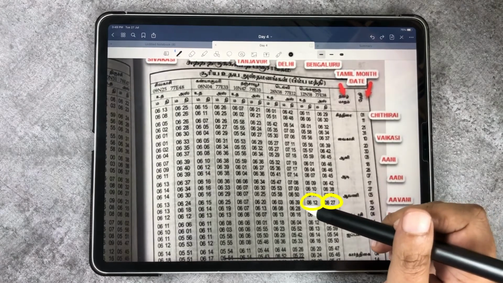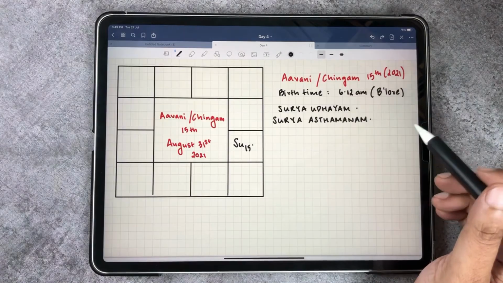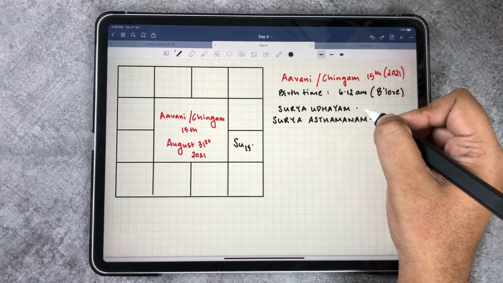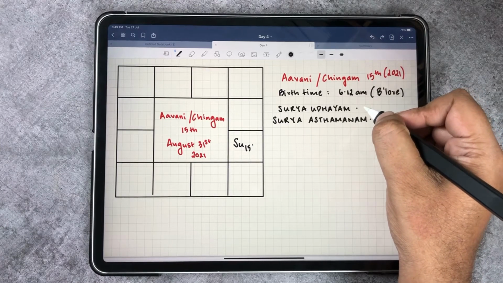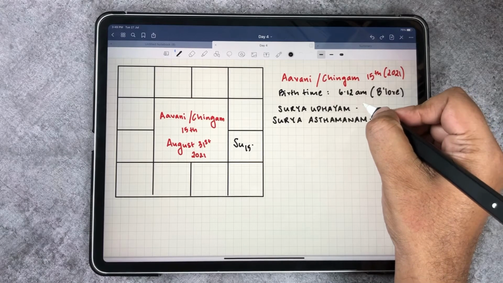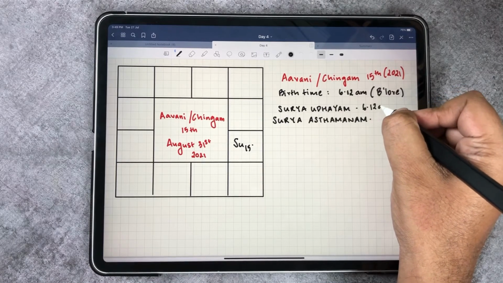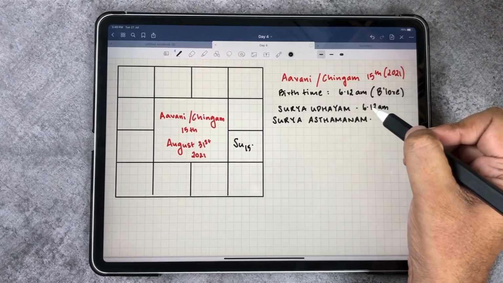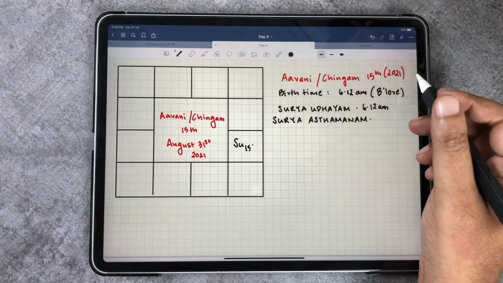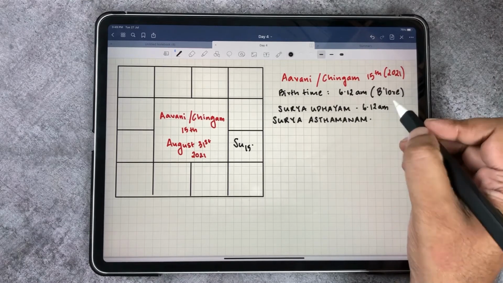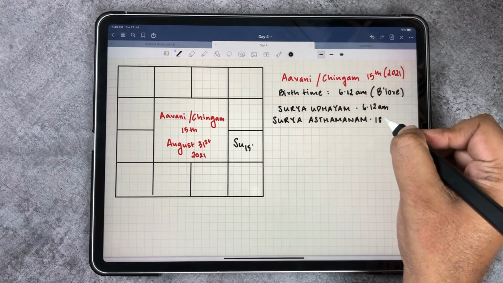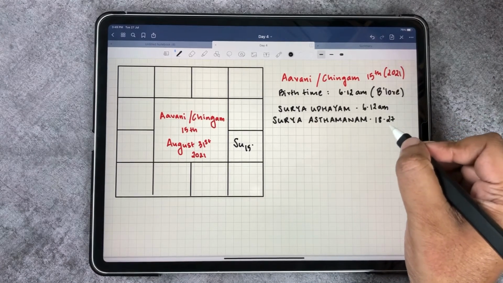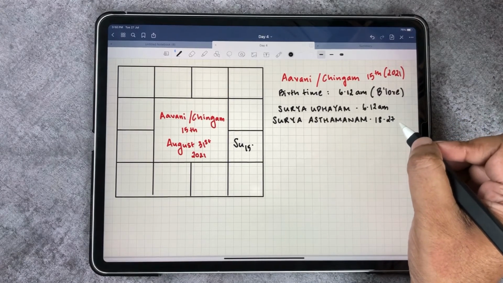So let's just take a note of this. So the Surya Udayam for Bengaluru on the 15th of Avani would be 6:12 a.m. Now I've put the birth time as the same as the Surya Udayam just to make you understand it easier. What would the Surya Astamanam be? 18 hours 27 minutes. So you always keep it in 24-hour format for the ease of calculation.